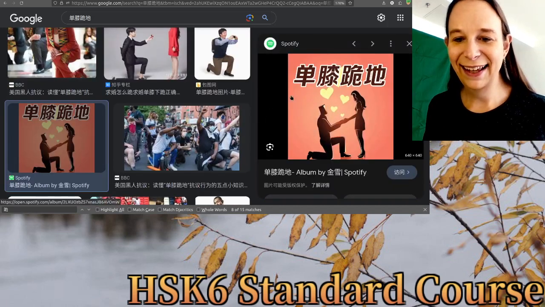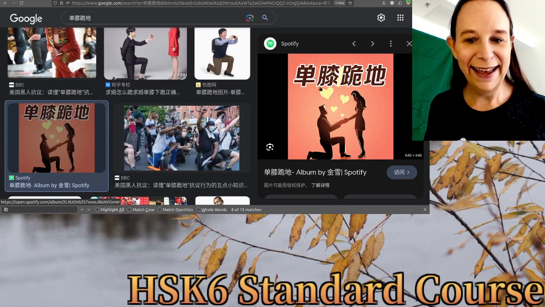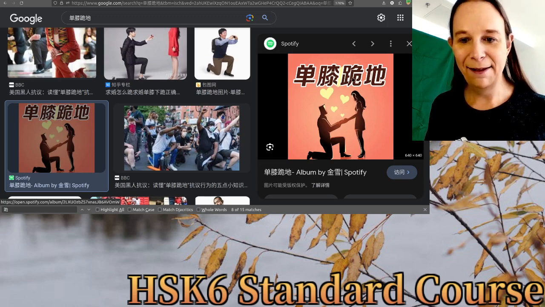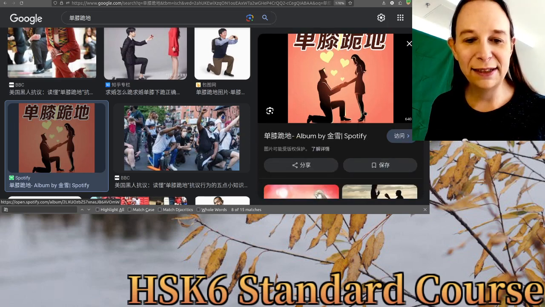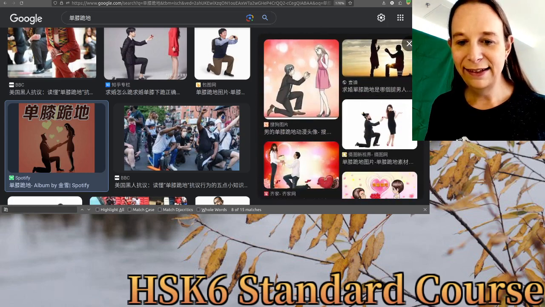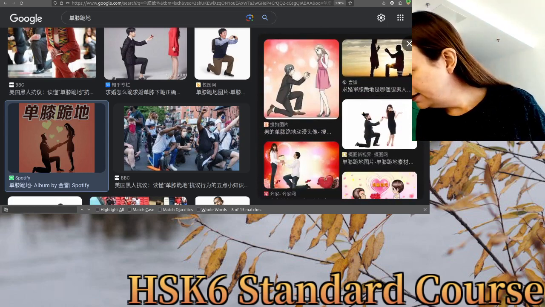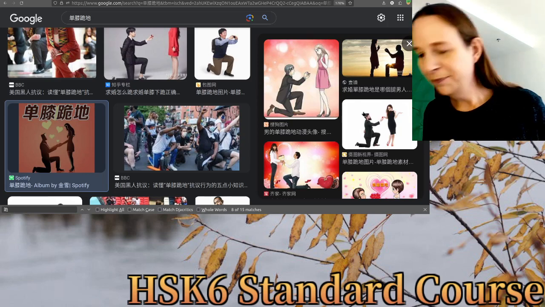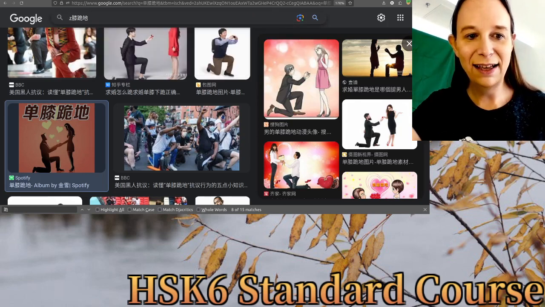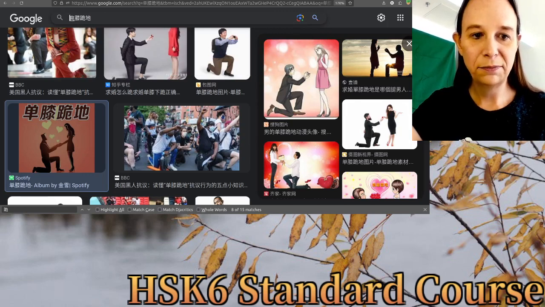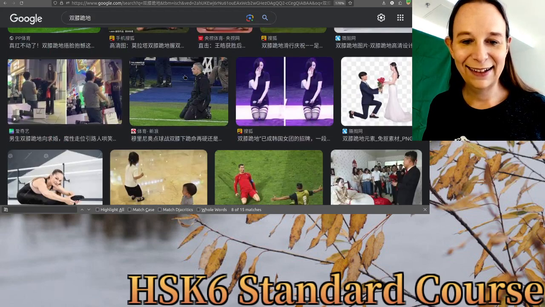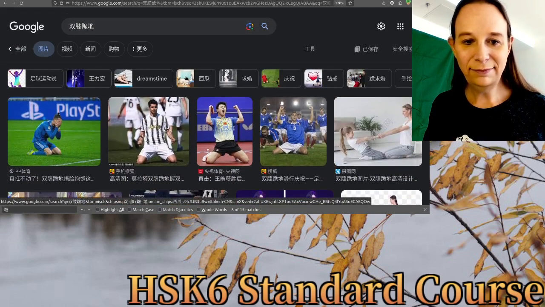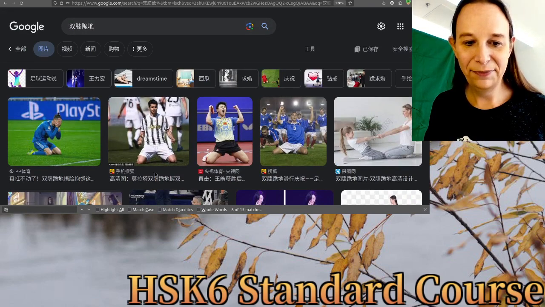Let's look at that one. 单膝, 膝是膝盖, single knee, 跪地. 就是机器人对吗？机器人为什么要求婚？单膝跪地. Okay, and my notes also has 双膝跪地. All right, so we know what kneeling means.